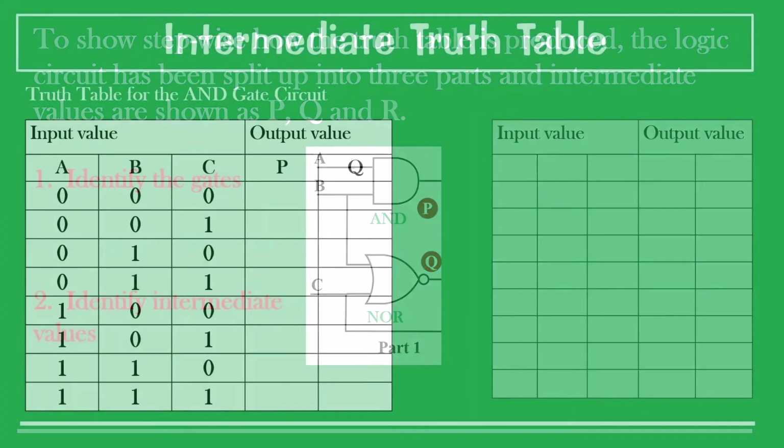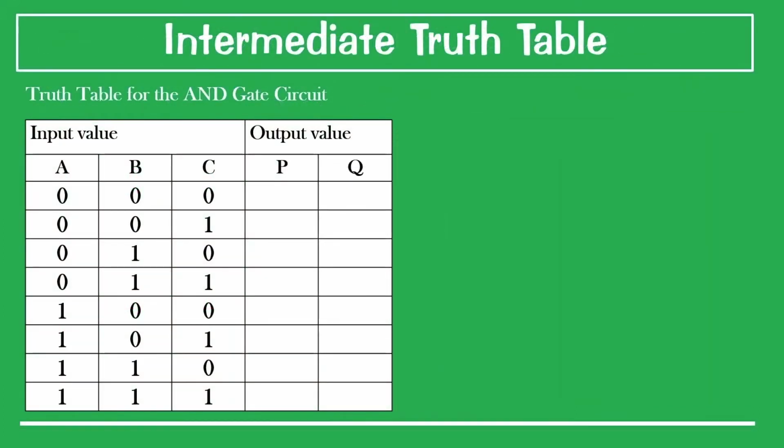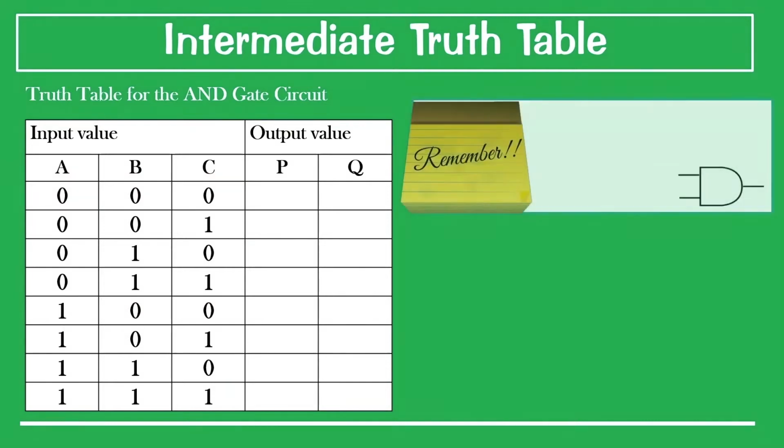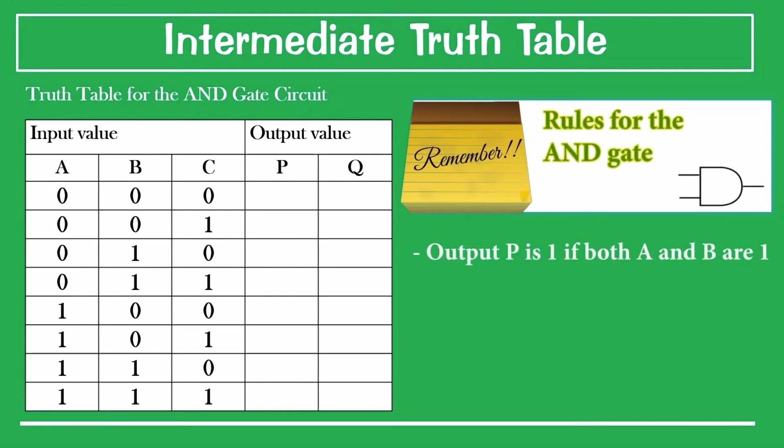Viewers, we are going to produce an intermediate truth table using the logic function. To find the value of P, remember the rules for the AND gate. The output P is 1 if both inputs A and B are 1.